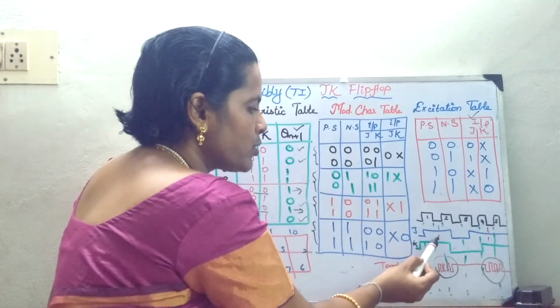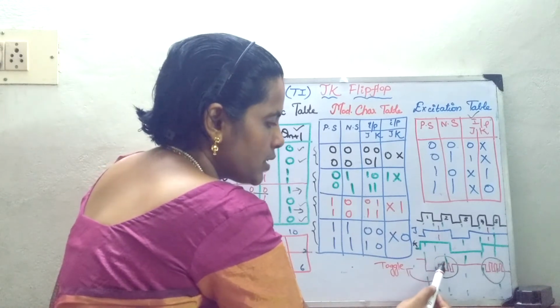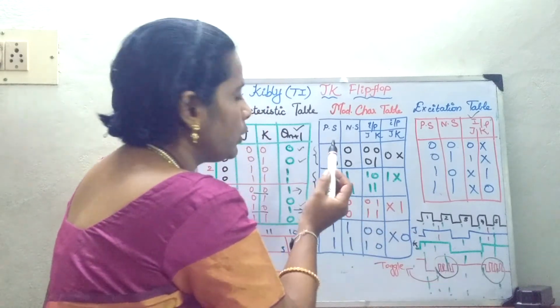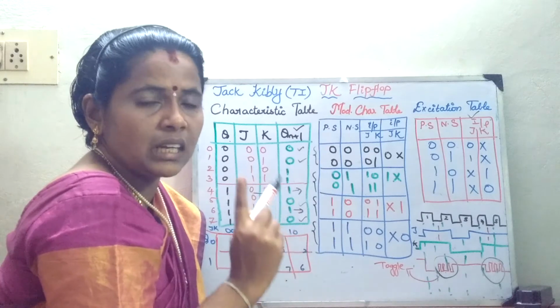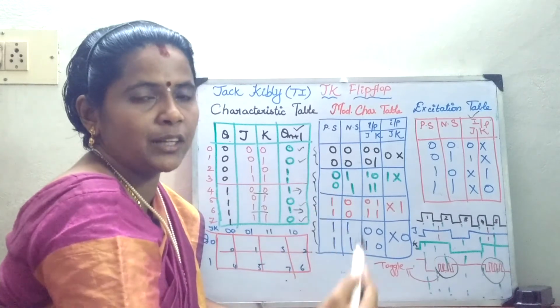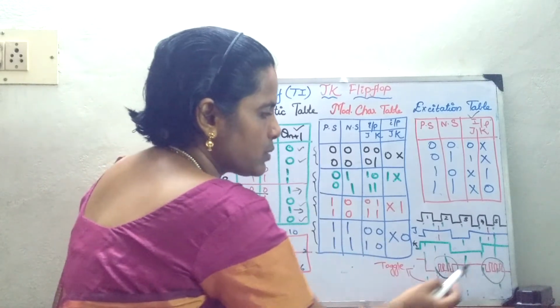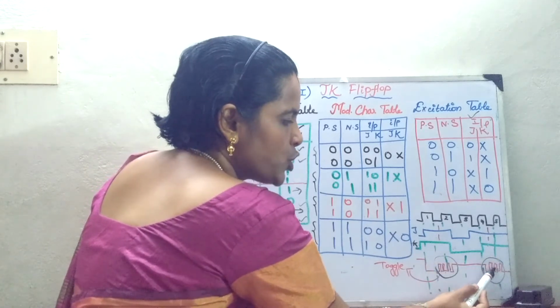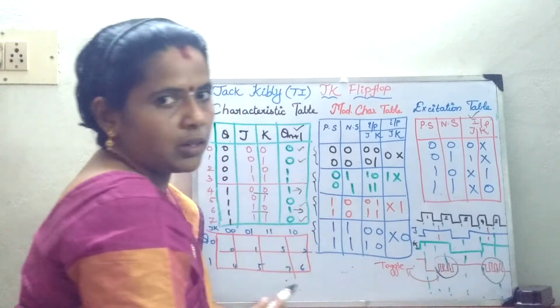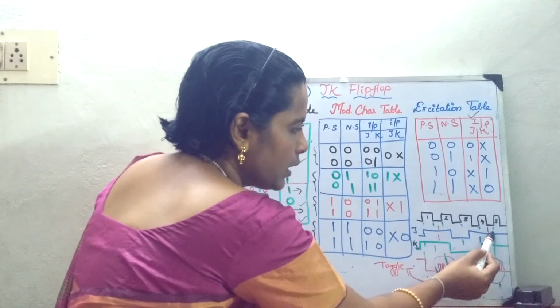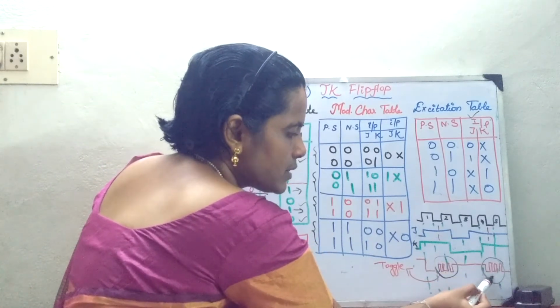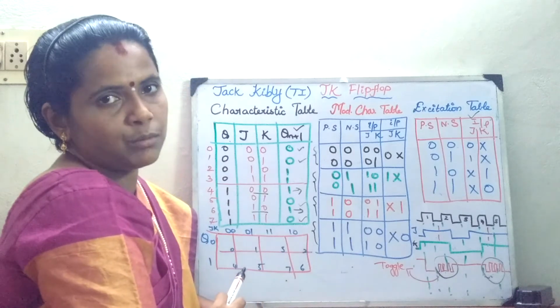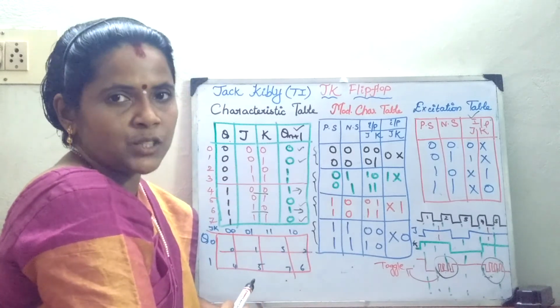When both the inputs are 1, 1, it changes more than once. That is, within a single clock pulse, it is changing its state twice or thrice or 4 times. Similarly, here if you see, the inputs are 1, 1, but the output changes many times in a single clock cycle. Before it could reach the next clock cycle, it changes many times right here. This process is called toggling.